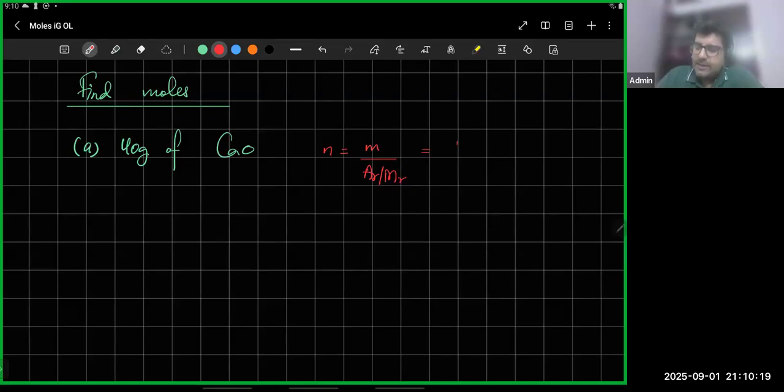So mass is 40 grams. We need to figure out what the molar mass is. So calcium is 40 and oxygen is 16. So the molar mass would come out to be 40 plus 16, which is equal to 56. So what do we get?